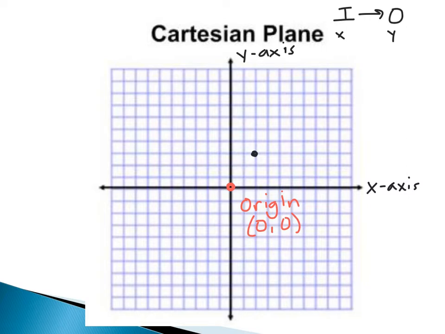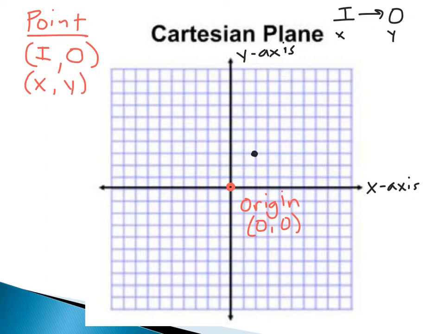Now, notice that I wrote down this notation for labeling a point. We always label a point using parentheses, with a comma in between, and I look at my input versus my output. You're going to see this labeled as (x, y).